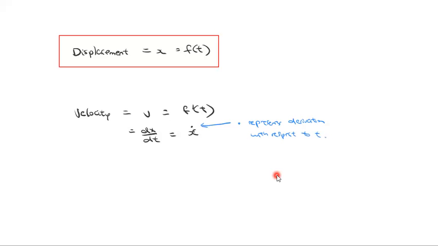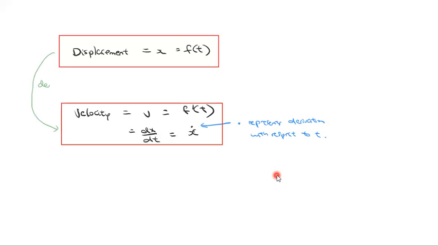It's kind of like a dash represents deriving. A dot just represents derivation directly with respect to t, which means to go from here to here, what you need to do is derive with respect to t. In other words, velocity is the first derivative of displacement with respect to time.